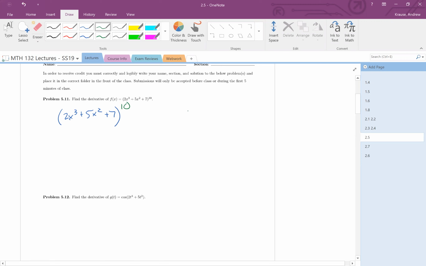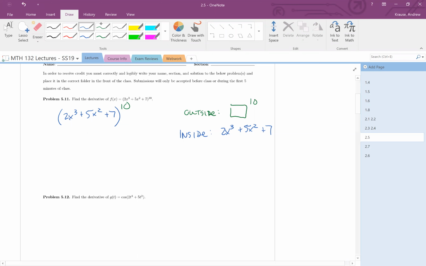So we can think about the outside function as being like we have whatever's on the inside and we're raising that to the 10th power. So it's the operation that has to do with raising something to the 10th power. And the inside function is the polynomial, 2x cubed plus 5x squared plus 7.